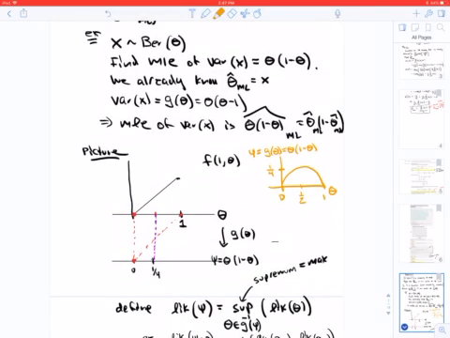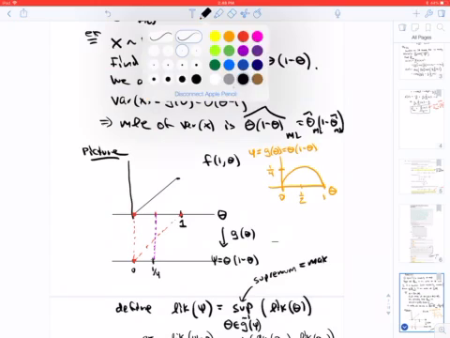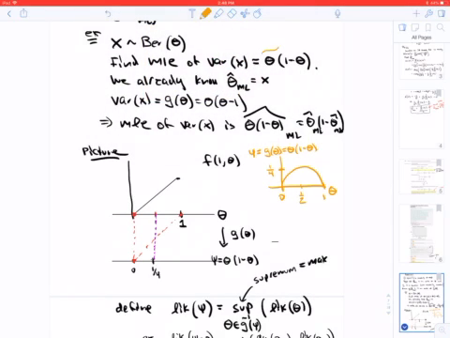Say again that X is Bernoulli theta, and we want to find an MLE of the variance of X, which is theta times 1 minus theta. So this is G of theta here, right?